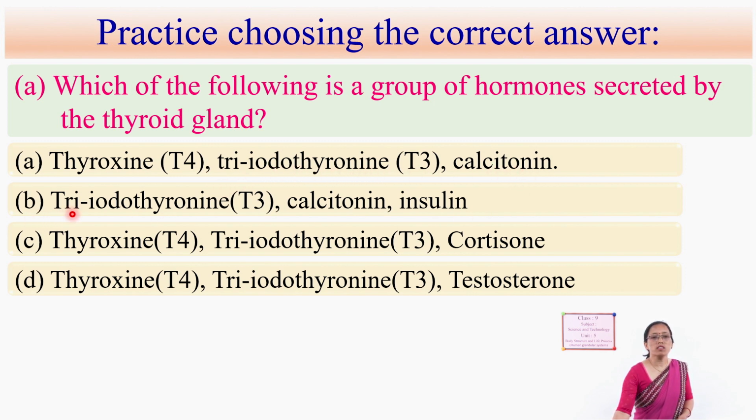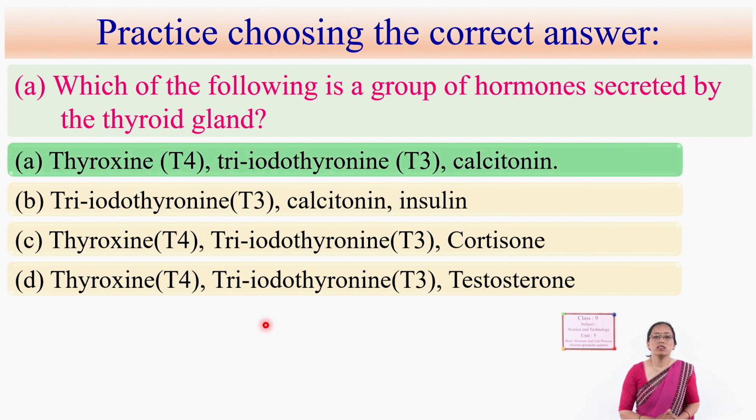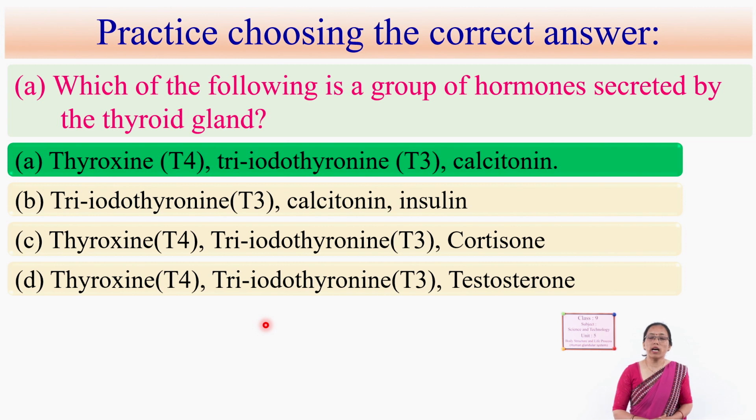Second option is triiodothyronine, calcitonin, insulin. Third is thyroxine, triiodothyronine, cortisol. Fourth option is thyroxine, triiodothyronine, testosterone. Which one is the correct option? Very good, this is the correct option. Already we have seen it in the lesson.